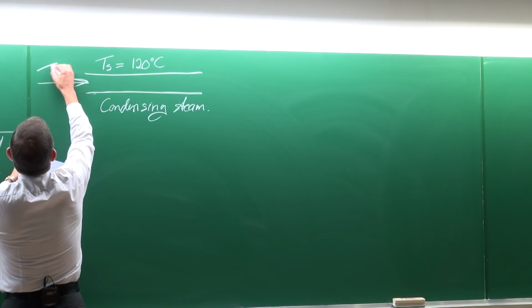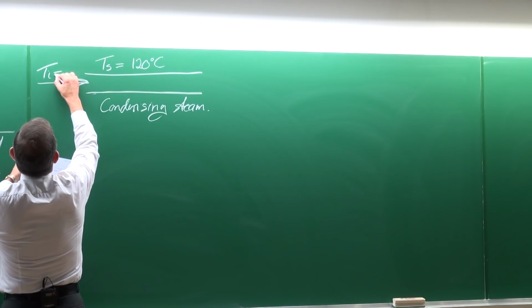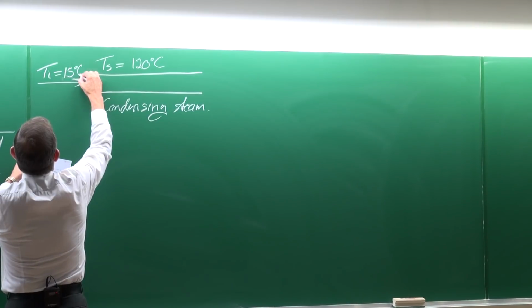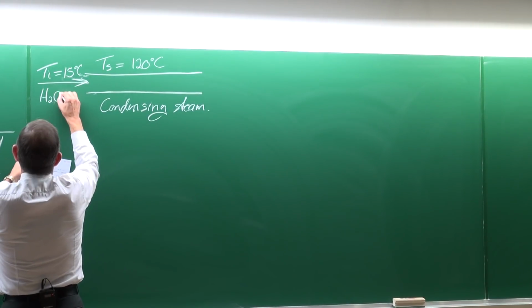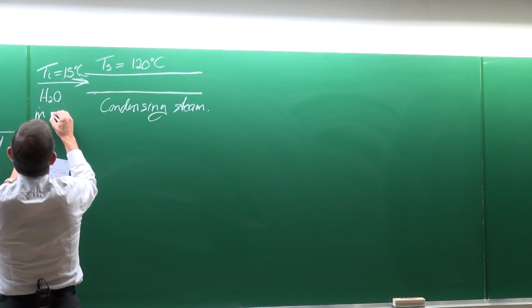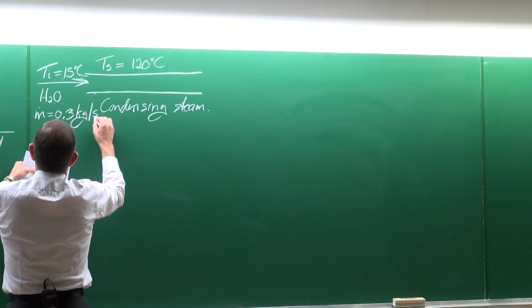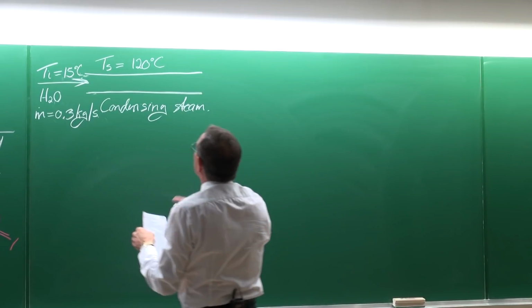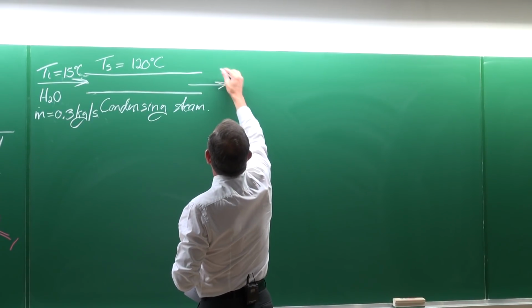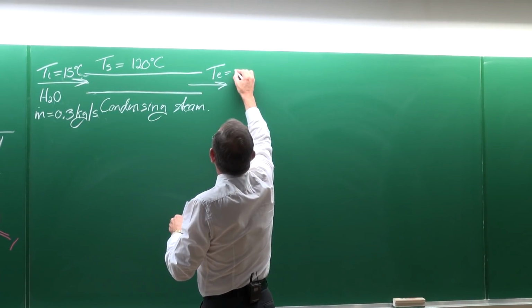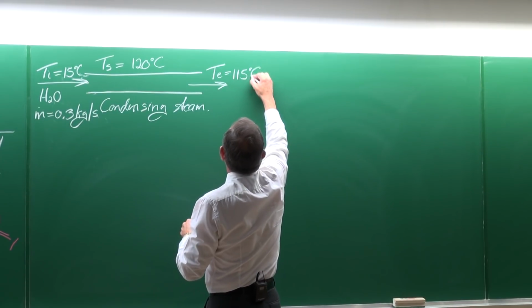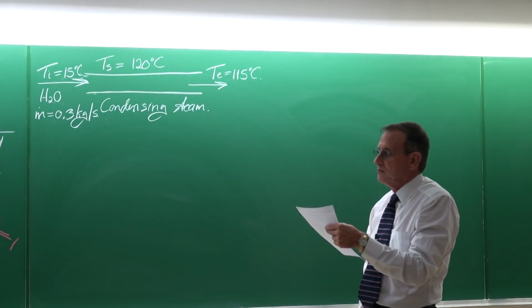The inlet temperature is equal to 15. It's water, and the mass flow rate is equal to 0.3 kilograms per second. In this case, we are going to give the outlet temperature, which is going to be 115 degrees Celsius.